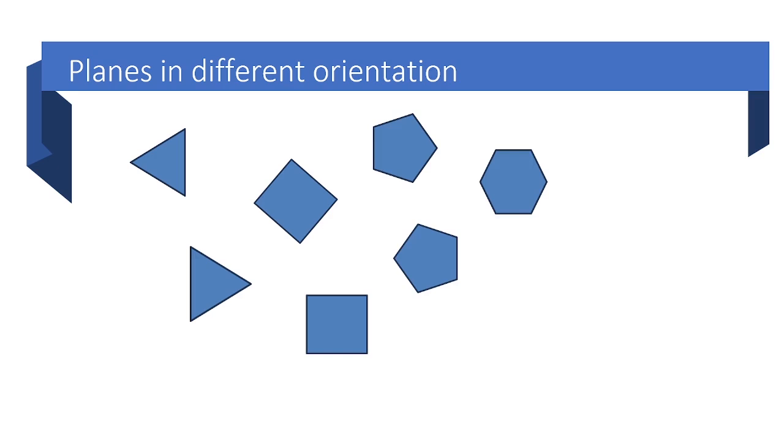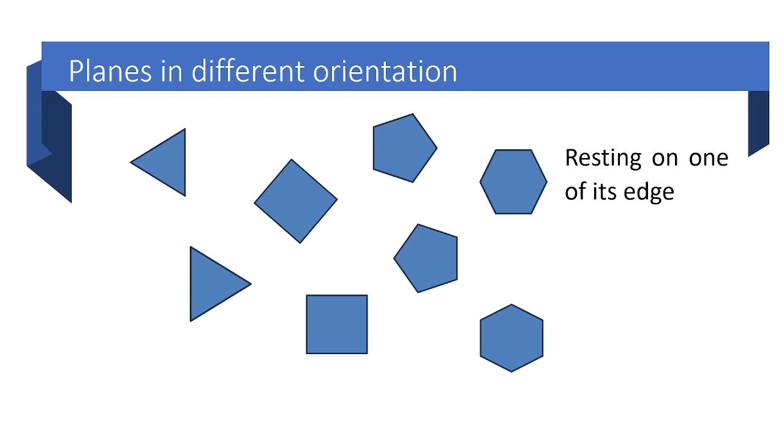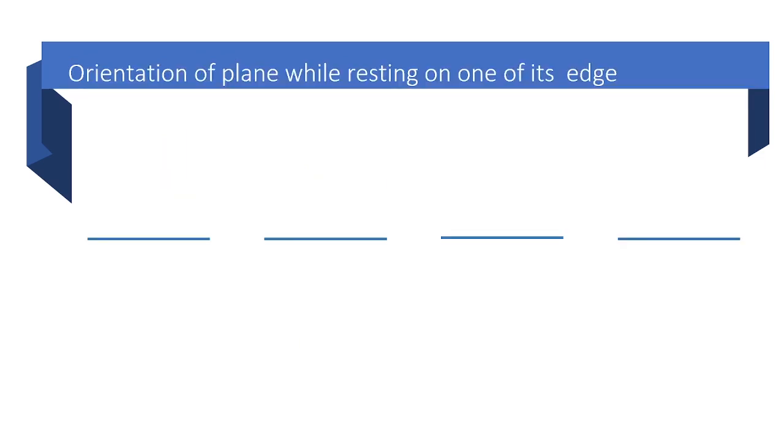It may be triangle, it may be square, pentagon or hexagon. So in this particular lecture or video, we are going to focus on how to draw the orientation of a plane when it rests on one of its edge or one of its corner.